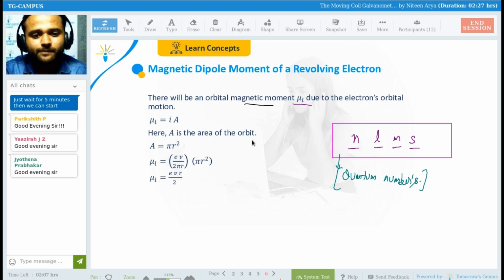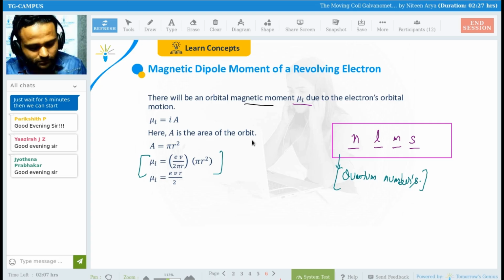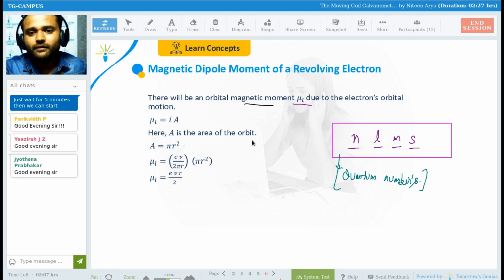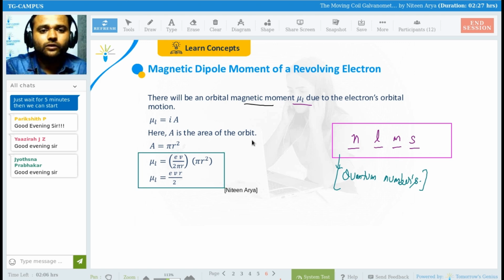So A is area simply, and this is your magnetic moment due to the orbital, or you can say due to the electron revolving in its particular orbit. So that is again important. This formula you are going to use again and again. Okay, it is important too.